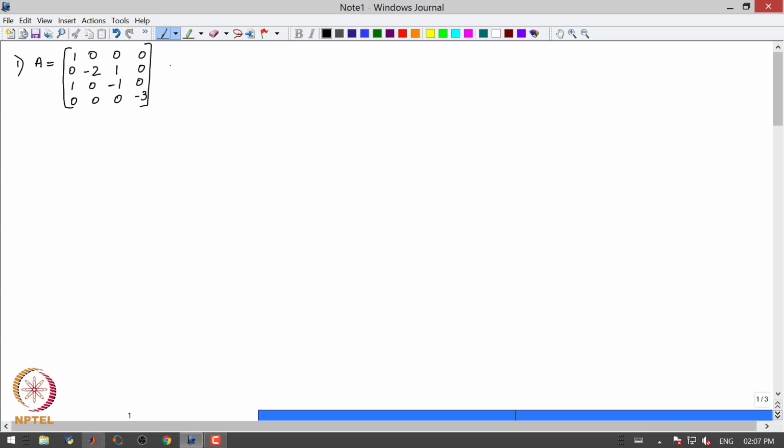So, this is a state matrix, and then the input matrix B is 1 1 0 0, which means there is a single input, and the output matrix C is given by 0 0 1 1 and D we take it to be 0. So, given this system, we are asked to find a minimal realization.